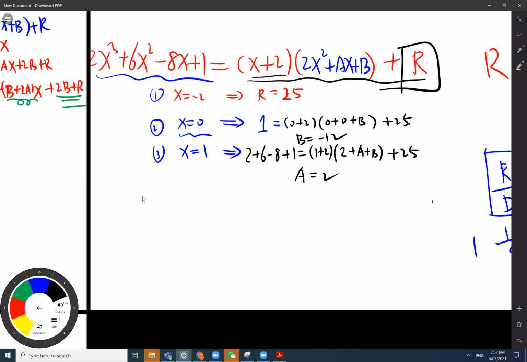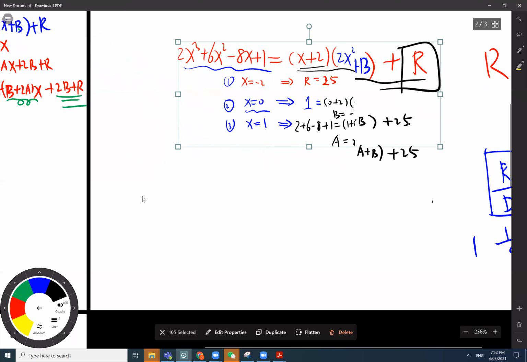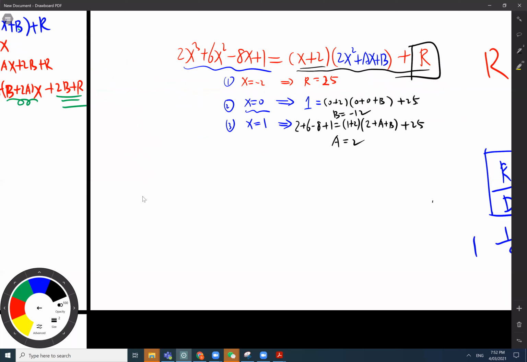Let's check an easy one. Or let's check a very typical question in IB. x cubed plus ax squared plus bx plus 10 divided by x minus 1. Remainder is 23.